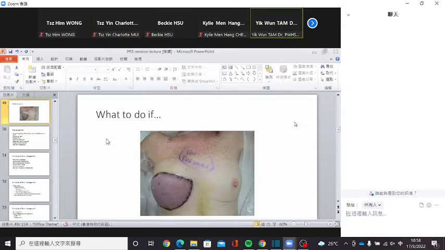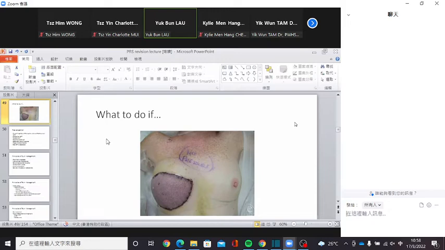So what is this? This shows a breast reconstruction flap with purple discoloration, looking cyanotic with a black margin.